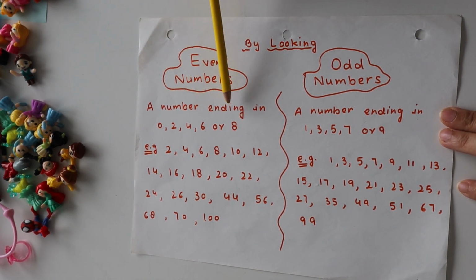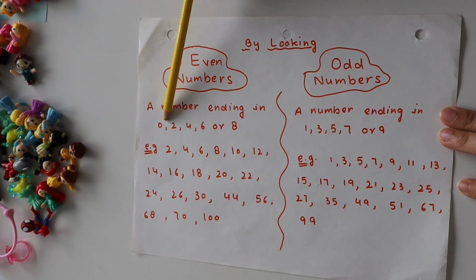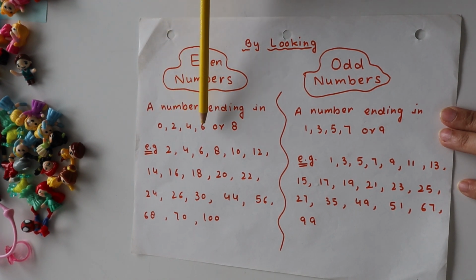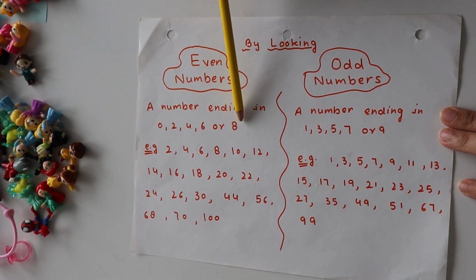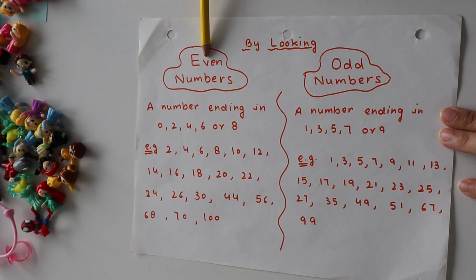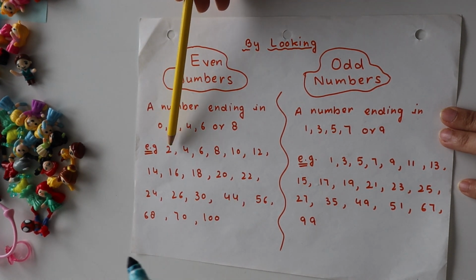So a number ending in 0, 2, 4, 6 or 8, if a number ends with 0 or 2 or 4, 6 or 8, it's an even number. Like we have 2, 4, like 6.